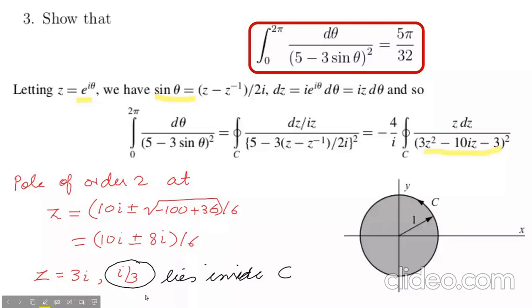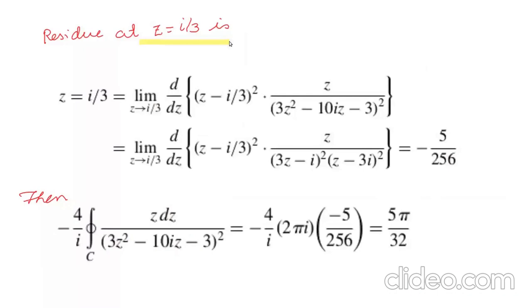To find the residue, again we will use the differentiation formula, because the order of the pole is more than 1, so it is not a simple pole in this case. The residue at z equals i by 3 will be the limit z tending to i by 3 of d by dz of z minus i by 3 whole square times the whole function. We can calculate this residue, and it will be minus 5 by 256.